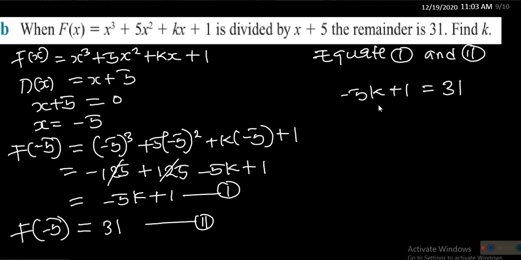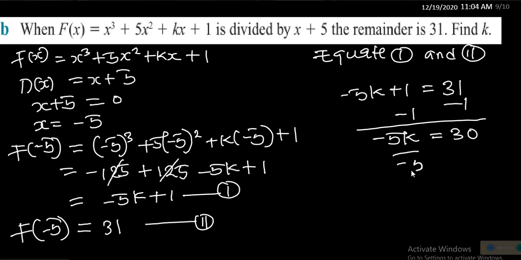Then if we subtract 1 from both sides, we would have minus 5k equals 30, and then we can divide both sides by minus 5. So that will give us k equals minus 6. Therefore k equal to minus 6.